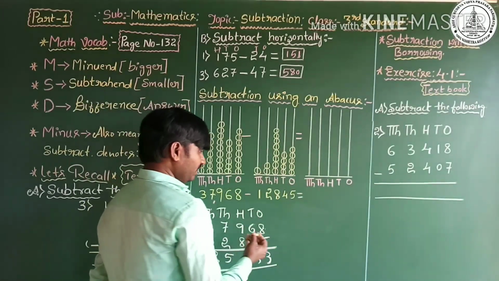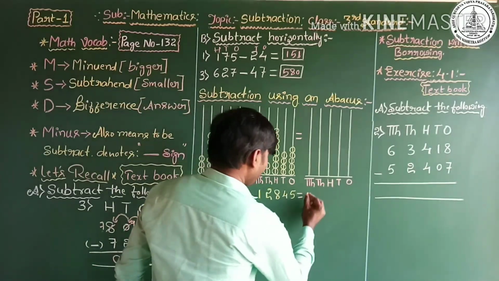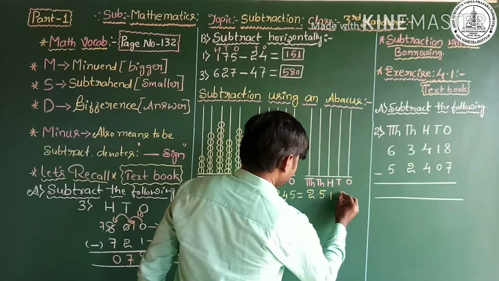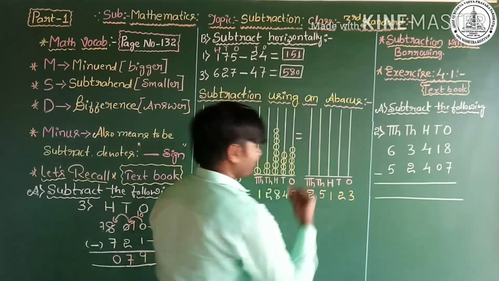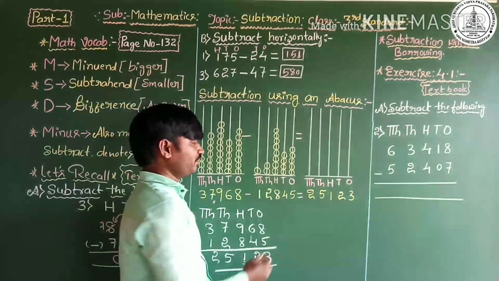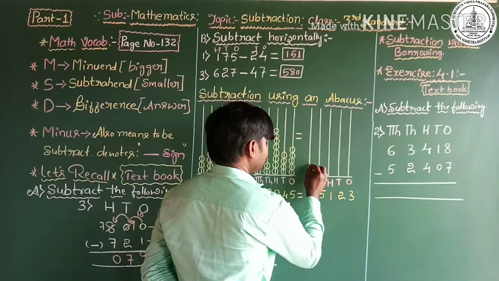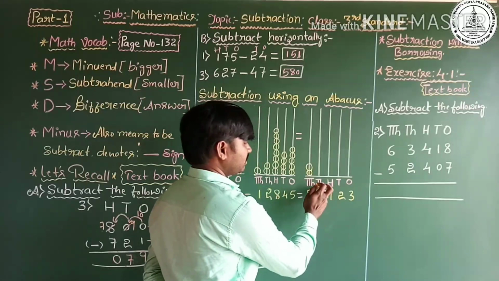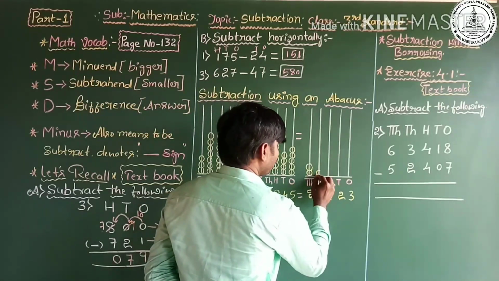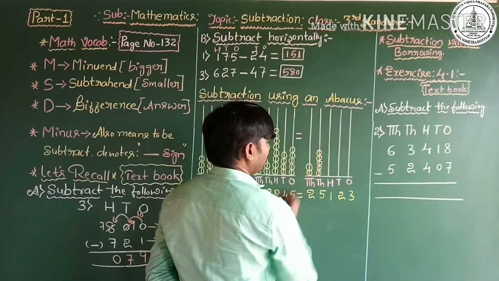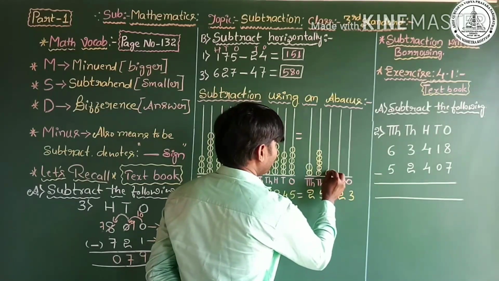Okay. What will we get? Answer is 25,123. Okay. You add now. In the 10,000 place, 2 beads: 1, 2. The next in the 1,000 place, 5 beads: 1, 2, 3, 4, 5. In the 100 place, 1 bead.